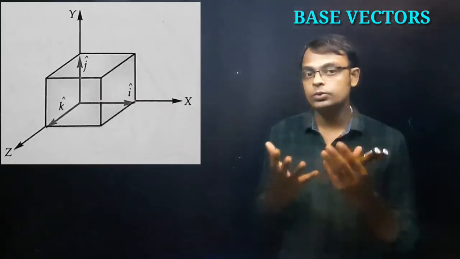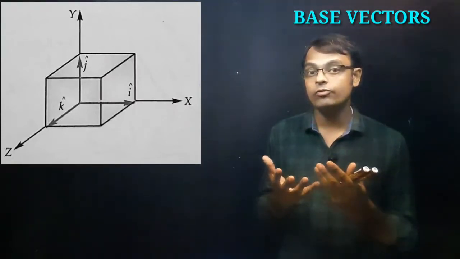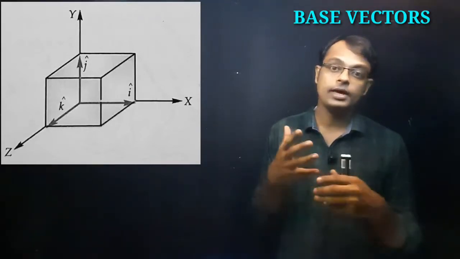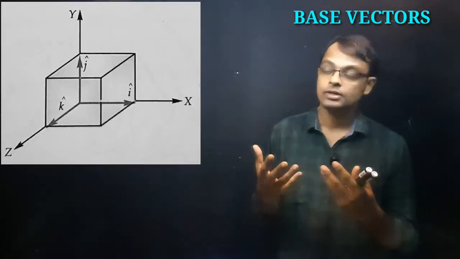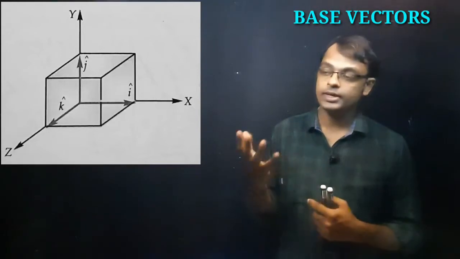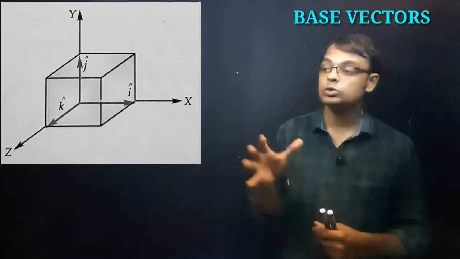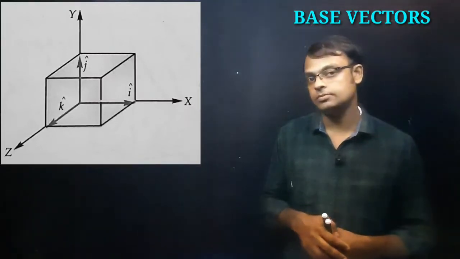Now we are going to use the term splitting of vectors or resolution of vectors. So maybe we can split the vector in the direction of the x-axis, y-axis or z-axis. So we require this orthogonal unit vector concept.